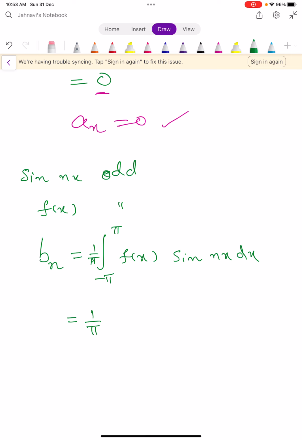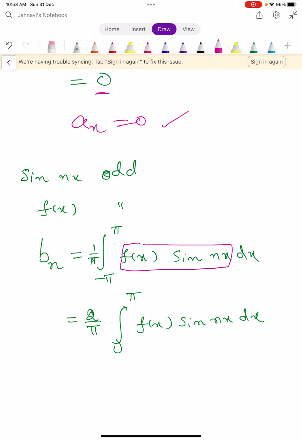You get 2 by pi integral 0 to pi f of x sin nx dx. Remember that here the integrand f of x into sin nx is an even function.